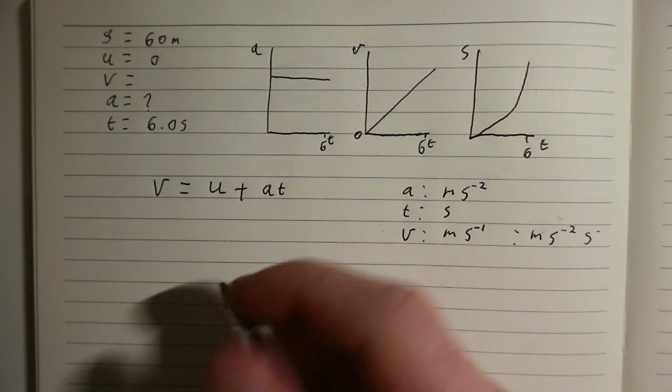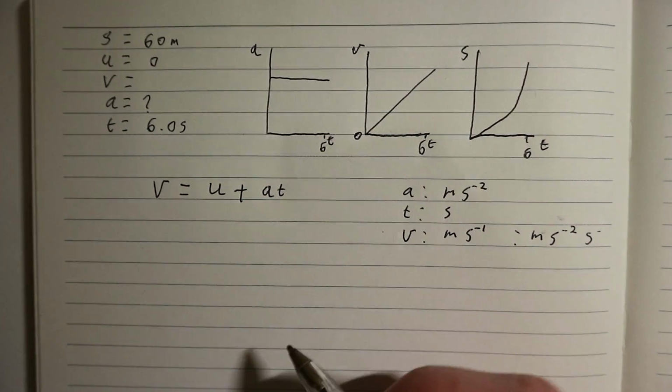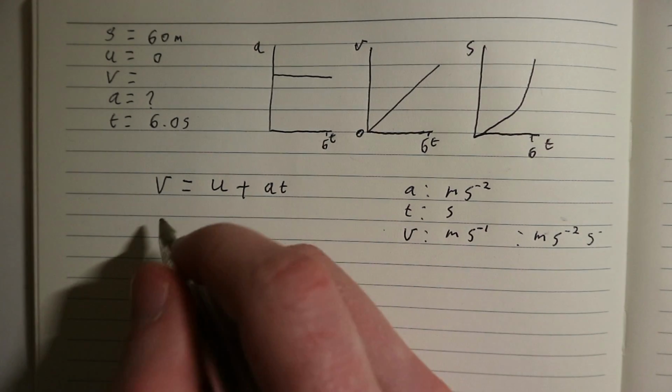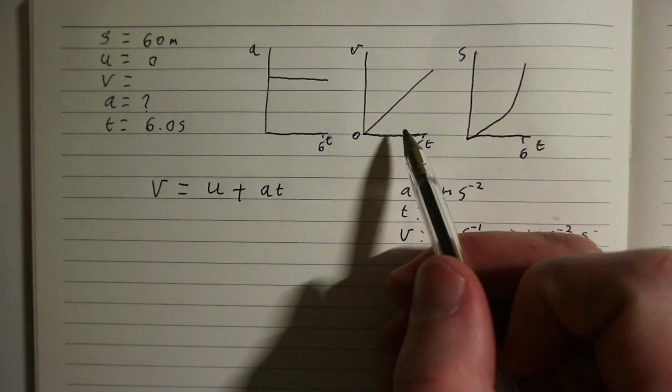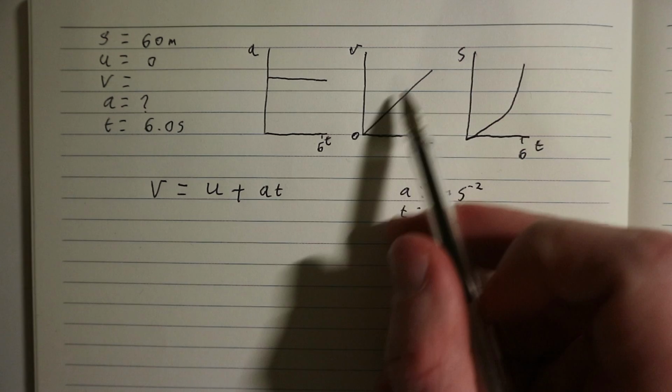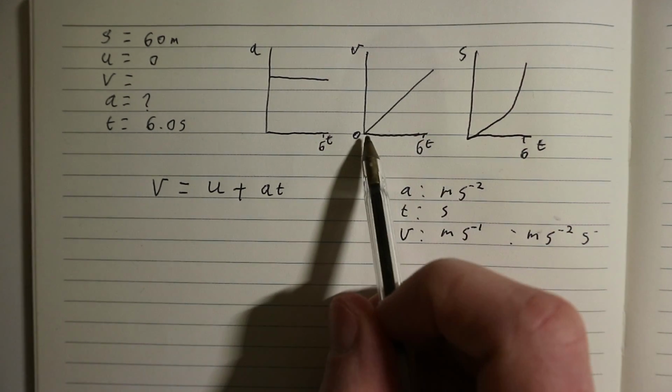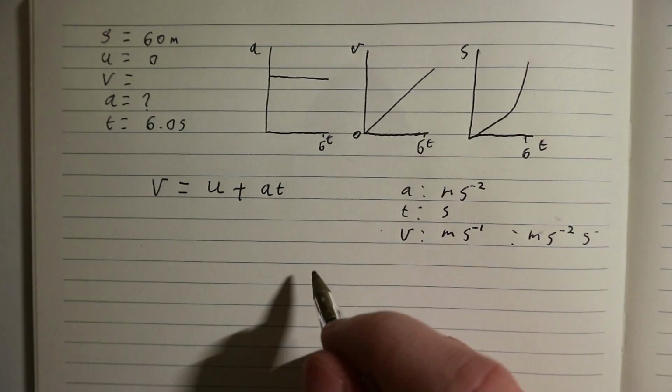That's our first equation. Our second equation we can get from this velocity over time graph. Now the displacement will be the area underneath this graph over the 6 seconds. And as it starts off at 0, it's simply a triangle.